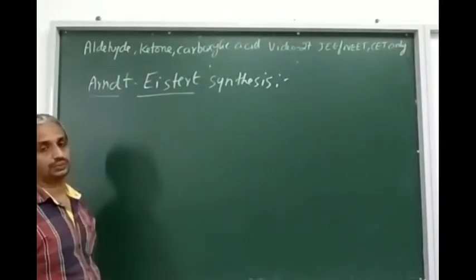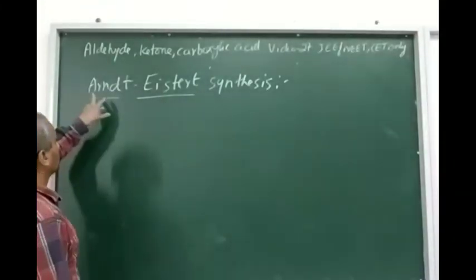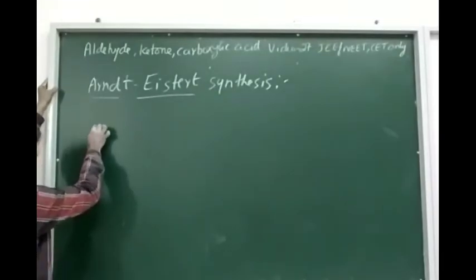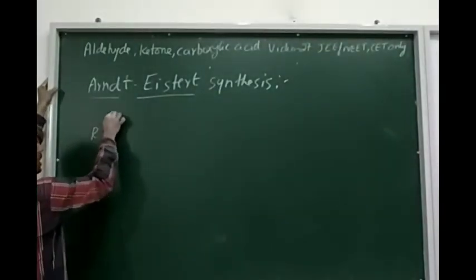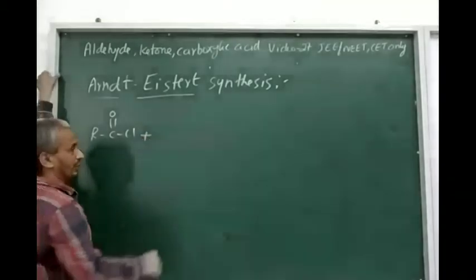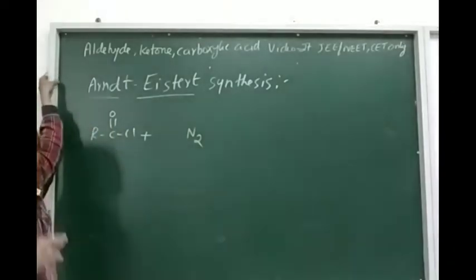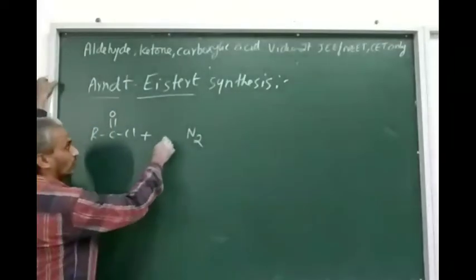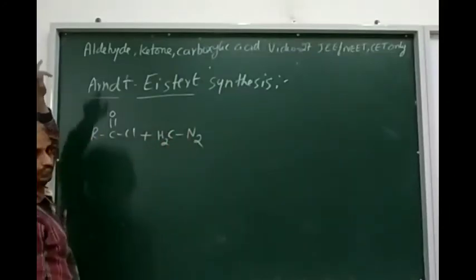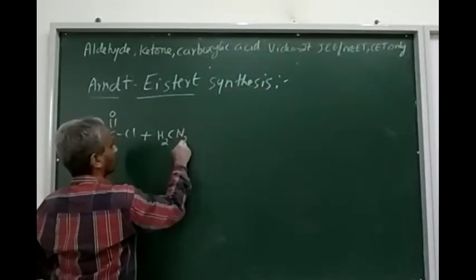Next one is a named reaction, the Arndt-Eistert synthesis. This is a named synthesis. What you do is take the acyl halide and treat with diazomethane. Diazo is N2, two nitrogens, methane is one carbon. So CH2N2.